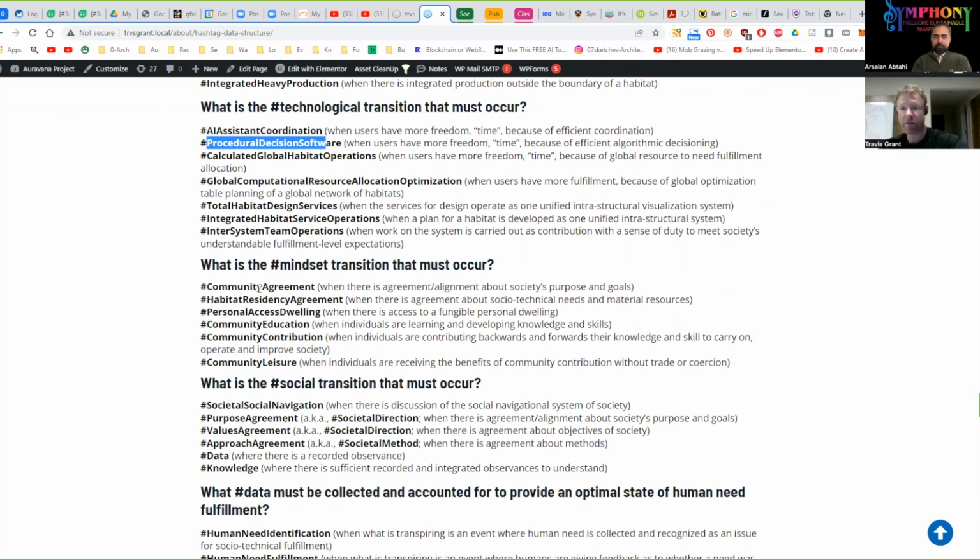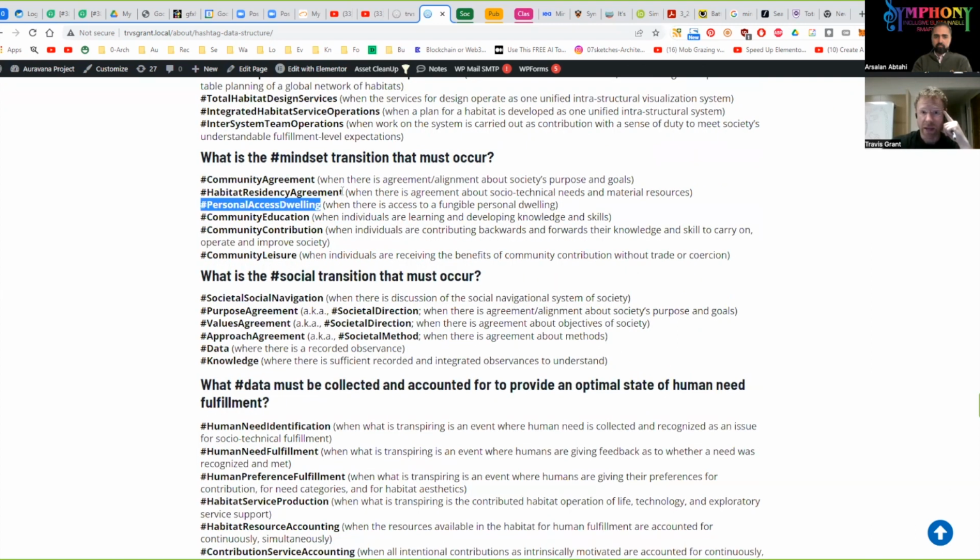This comes about through agreement, essentially community agreement, habitat residency agreement. So these are people choosing to then let go of property in community and begin accessing common heritage resources, technologies, services in a new configuration of society, where they get access to a personal dwelling, they get community education, community contribution, community leisure provided by the service support systems.